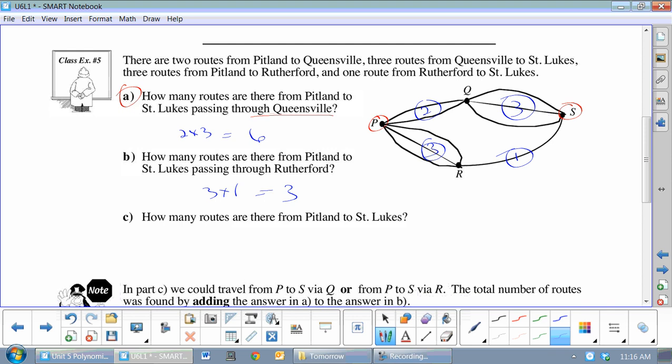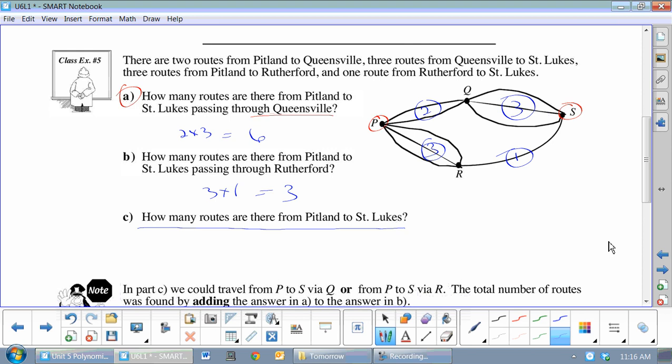Now, the question that I know would separate into 2 camps: how many ways are there to go from P to S total? Anyone? 9 or 18?